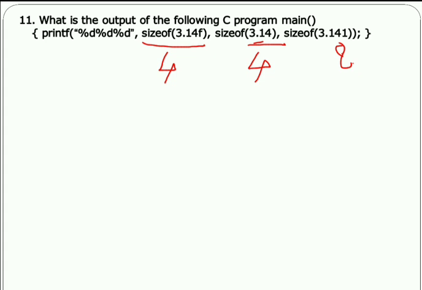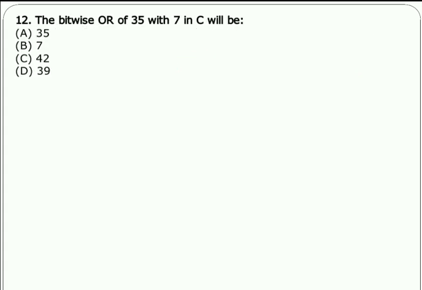Okay. Next one. The bitwise OR of 35 with 7 in C will be. To perform the bitwise OR of 35 and 7, first of all we have to convert 35 into a binary value. So the binary value of 35 is 100011. The binary value of 7 is 111.